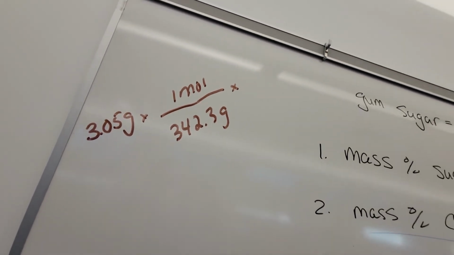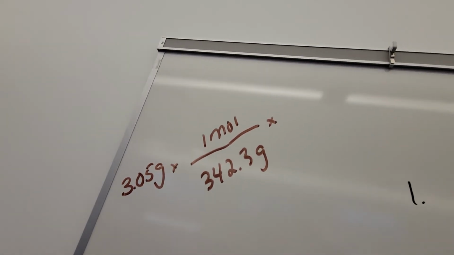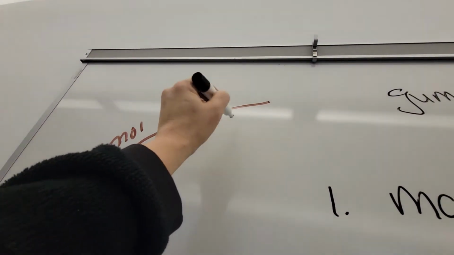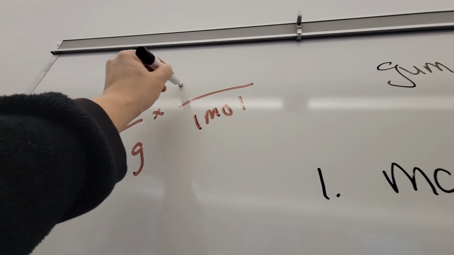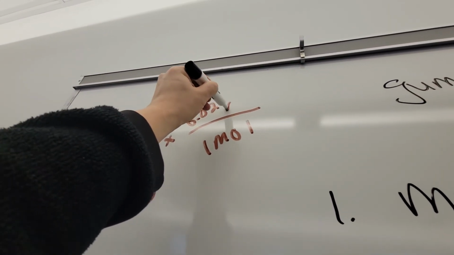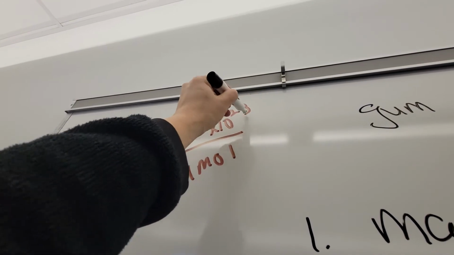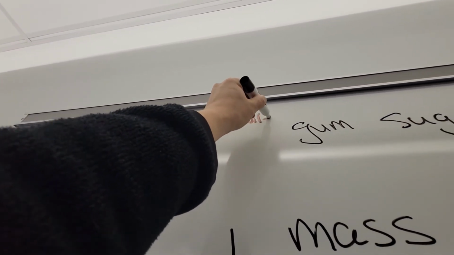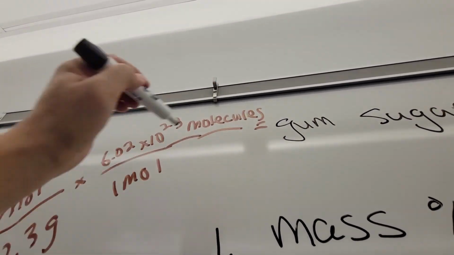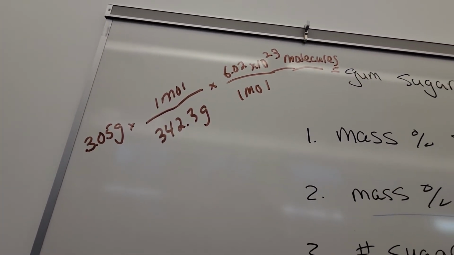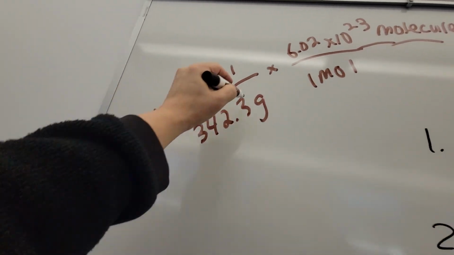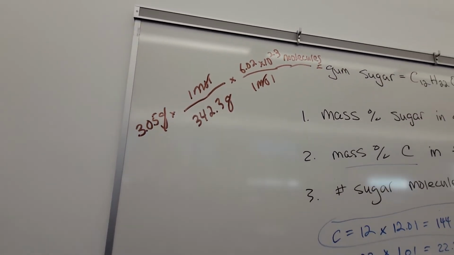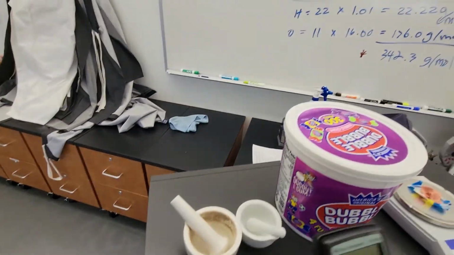And then now we can turn that moles into a count, which is moles and Avogadro's number. And that'll give us our answer. Grams cancel out, moles cancel out. Let's punch those numbers in.